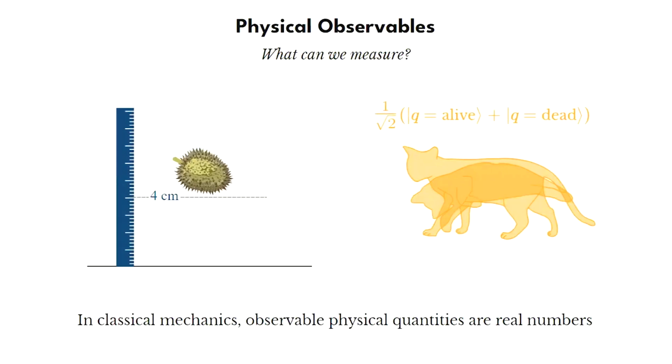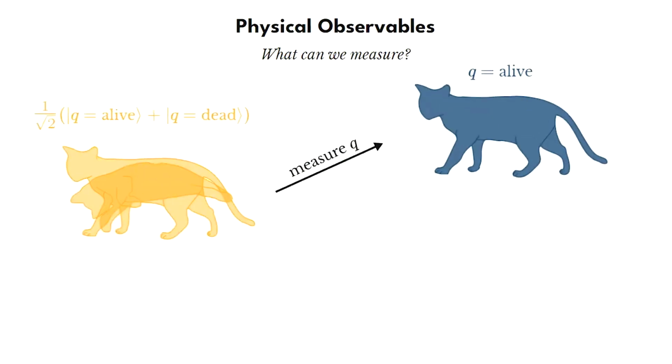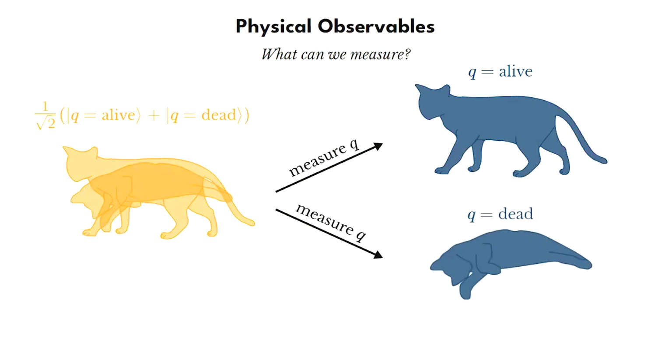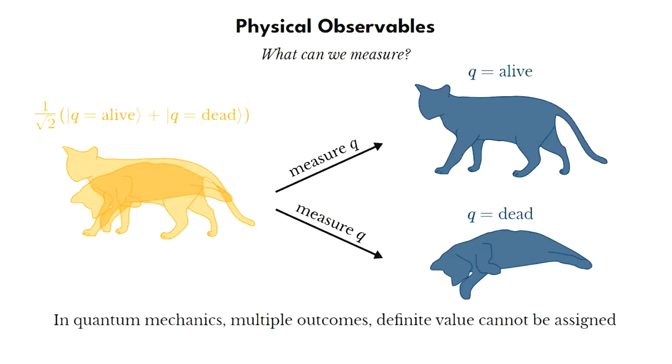And this is very, very different from what you can observe from a quantum system. For example, the superposition of the live state and the dead state. So we know that in quantum mechanics, when you measure a quantum state, it can either collapse to a live state or a dead state, for example. And you will get multiple outcomes after you do the measurement.